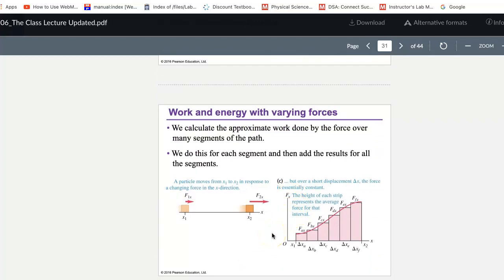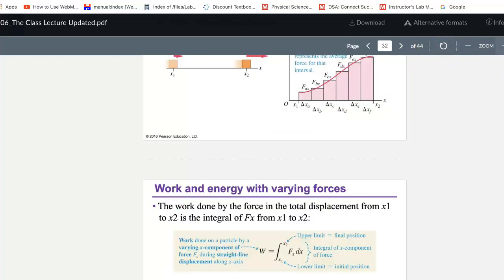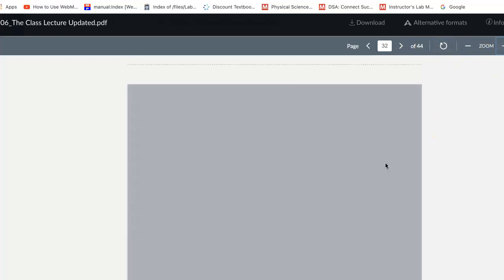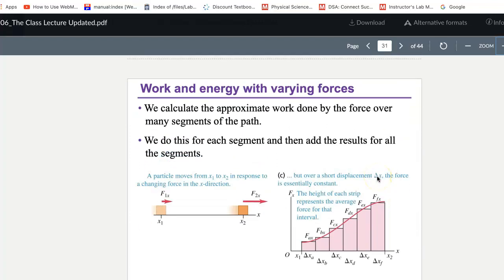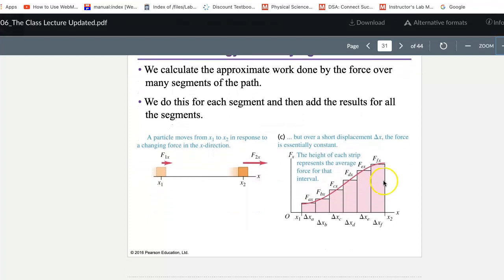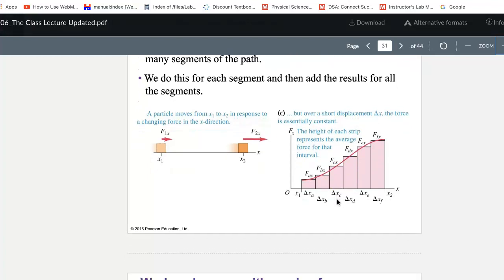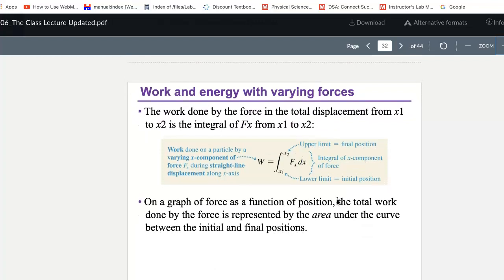Here, this is calculation of approximate work done by the force over many segments of the path, dissecting the graph into different segments, like rectangles, where it is easy to find their area.